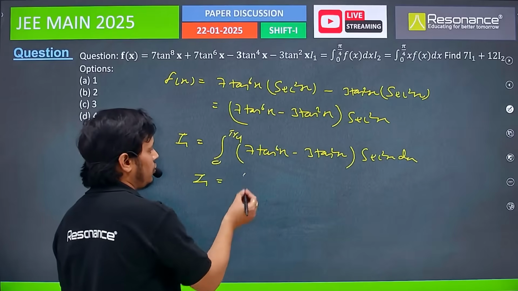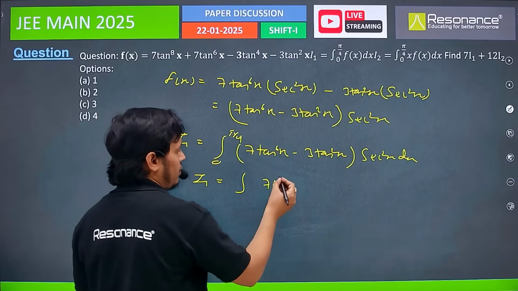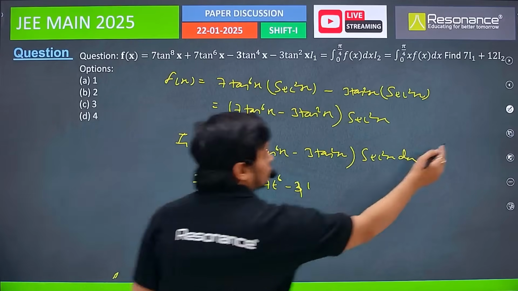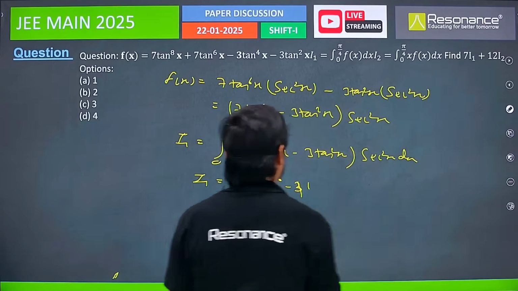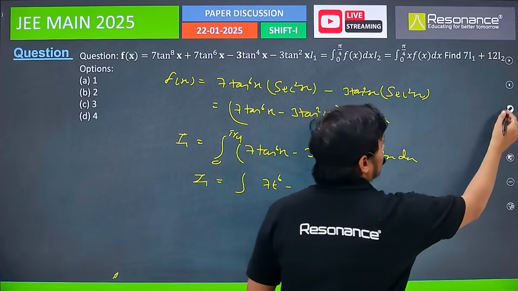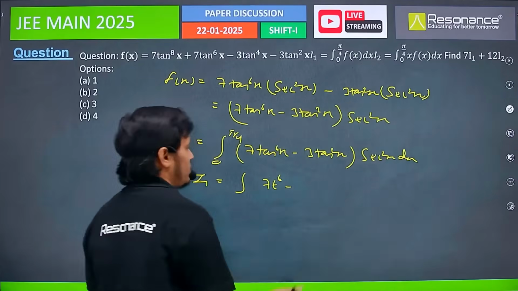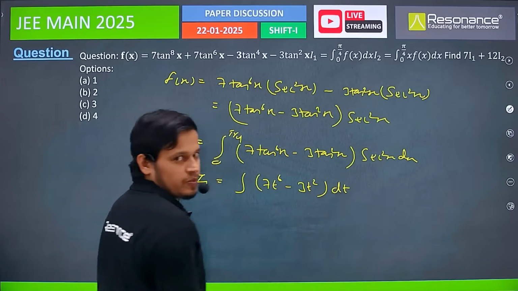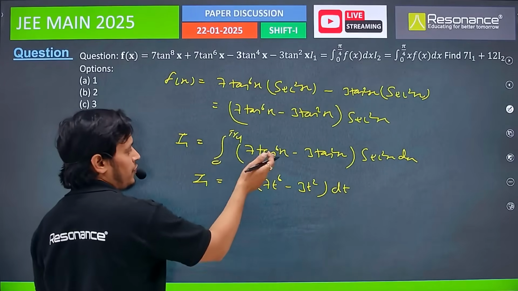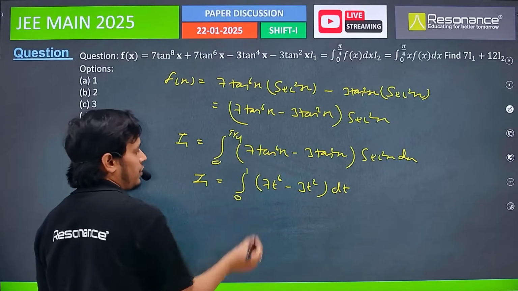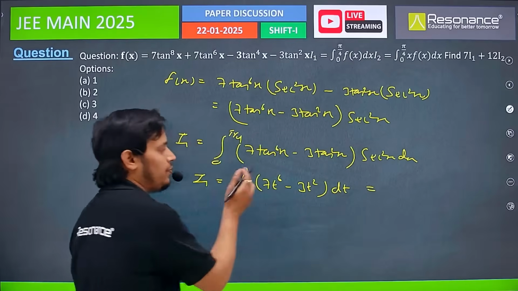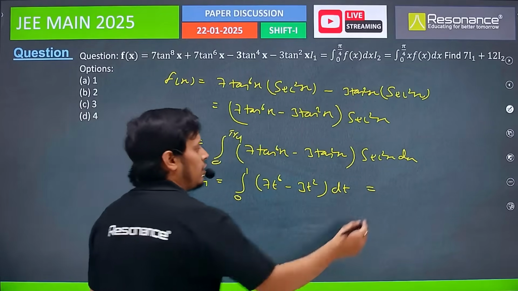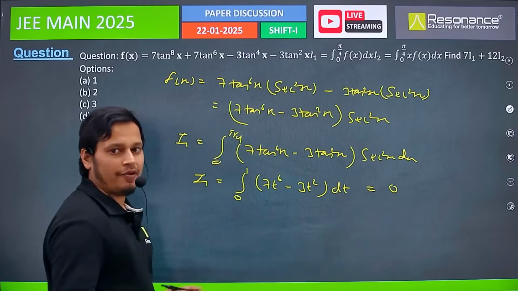So I1 = ∫(7t⁶ - 3t²) dt. If you put x = 0, then t will be 0, and for π/4, it is 1. If you integrate, t⁷ and this will be t³, upper limit minus lower limit, you are going to get 0. Okay, so I1 is 0.